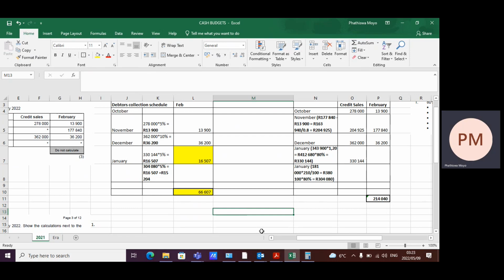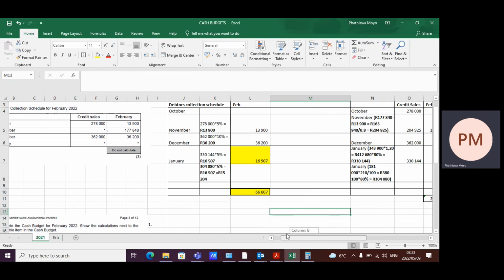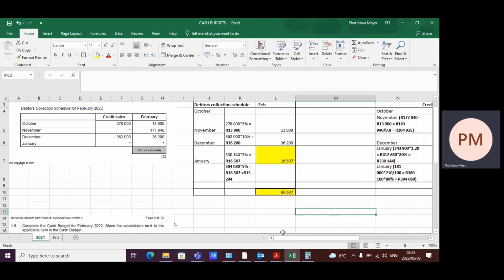So what I was coming to is that the credit sales for October, 5% was collected in November, 10% was collected in December.